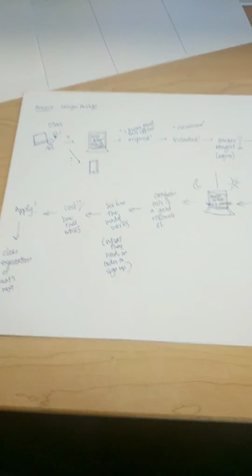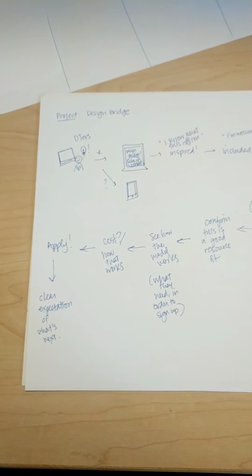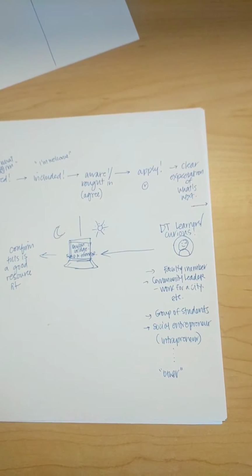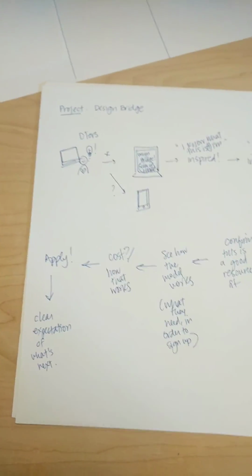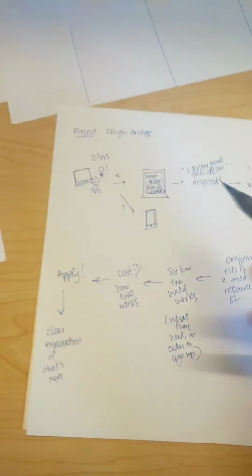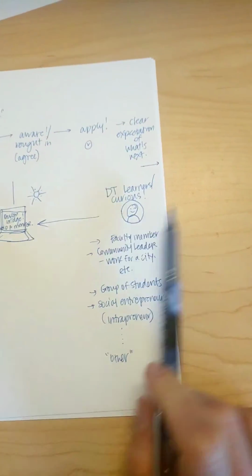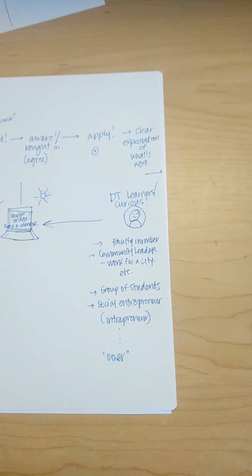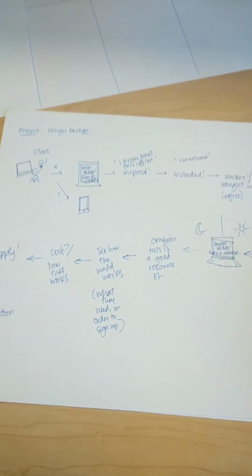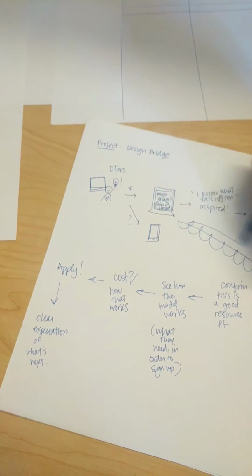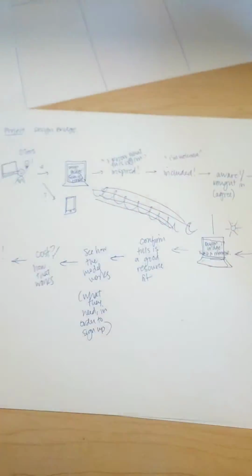So what we just did here is we mapped the very basics of a product design about how a particular website could work from the point of view of its two different kinds of users here, right? The design thinkers or the mentors on one side, and the design thinking learners or the design thinking curious on the other side. And our dream is that these two will be able to meet in the middle through this awesome process. This is kind of like the rainbow of possibility, I guess.